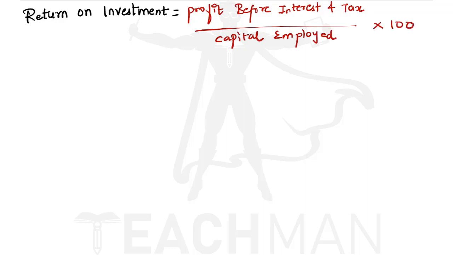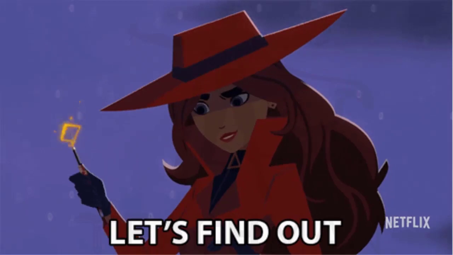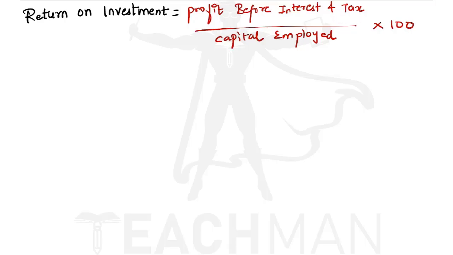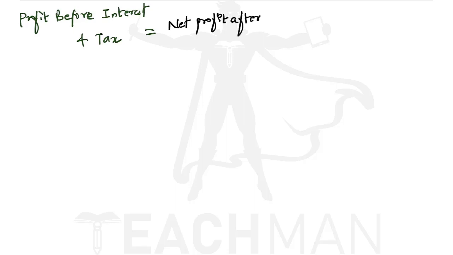So here we don't know what is profit before interest and tax, and neither we know what is capital employed. So let us find it. First, let us find out profit before interest and tax. Profit before interest and tax is equal to net profit after tax plus debenture interest plus tax.